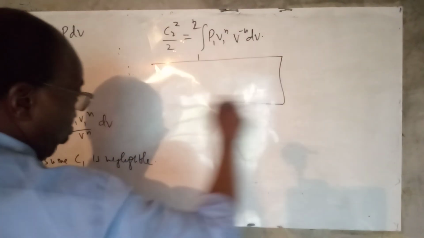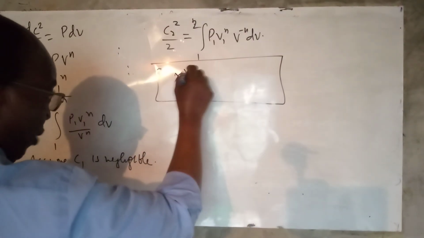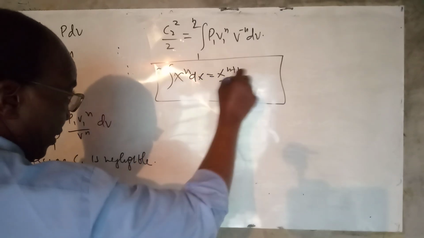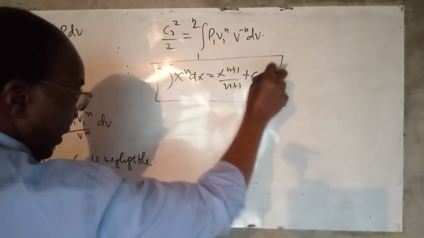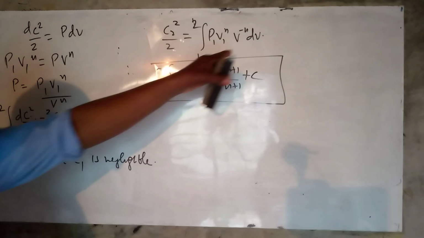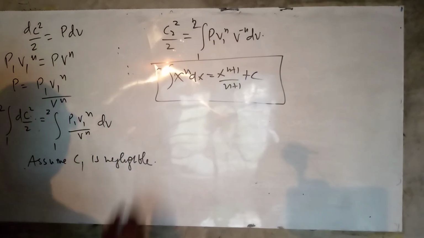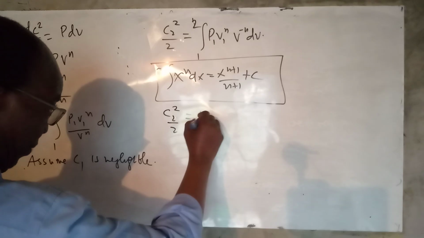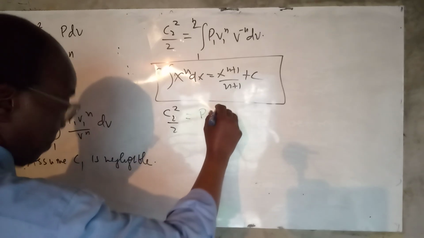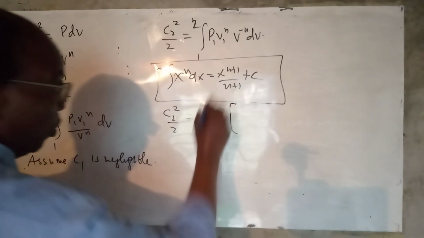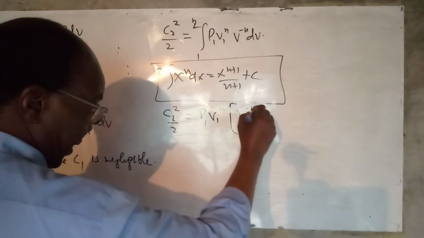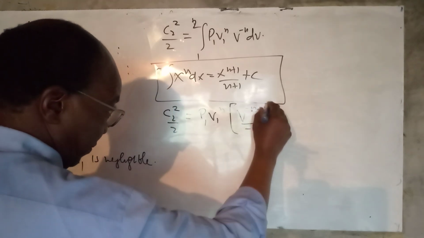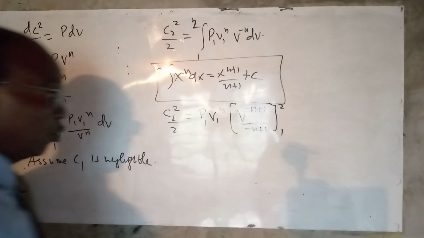And of course, as usual, if we use the integral calculus identity, that is x^n integrates to x^(n+1) over n plus 1 plus c, then we can take that expression there. So we'll have C2 squared over 2 is equal to P1 V1^n into V^(-n+1) over (-n+1), from plane 1 to 2.